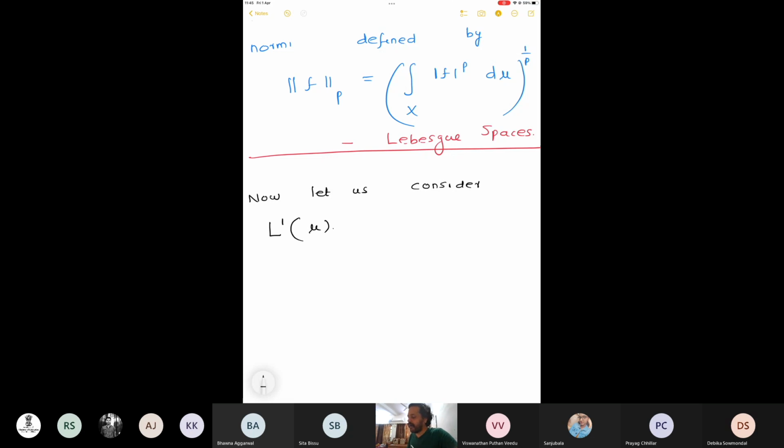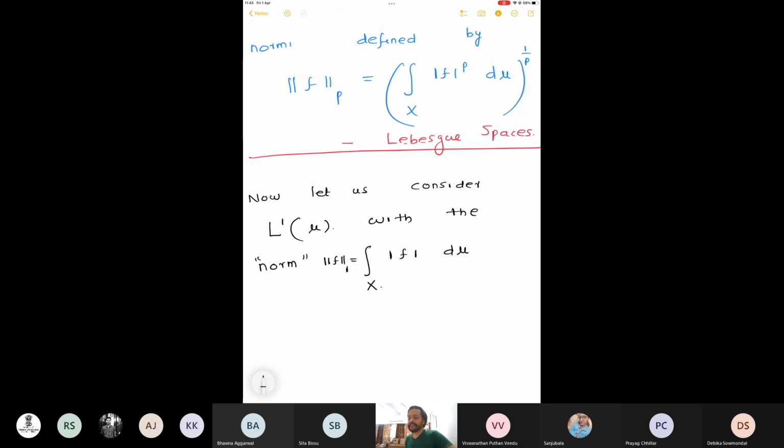It consists of all functions, actually equivalence classes of functions, such that the integral over x of mod f d mu is finite, with the norm, in quotes since I don't know yet whether it is a norm, defined like norm f1. This is the definition: integral over x of mod f d mu, p is equal to 1. That's it.